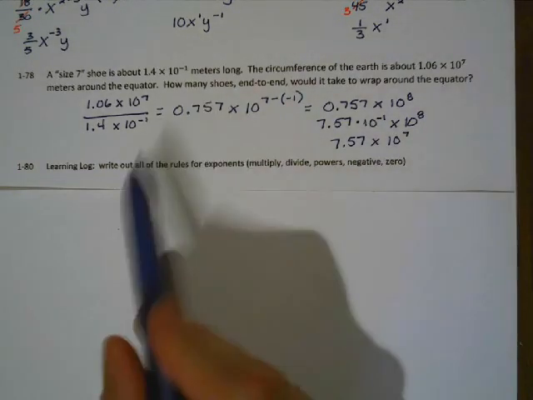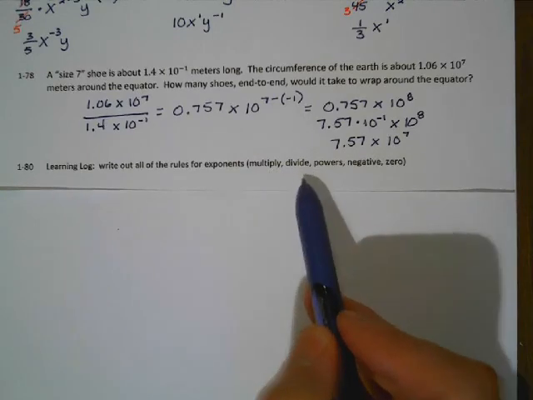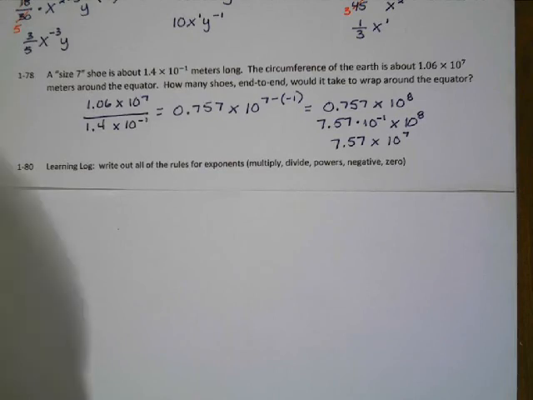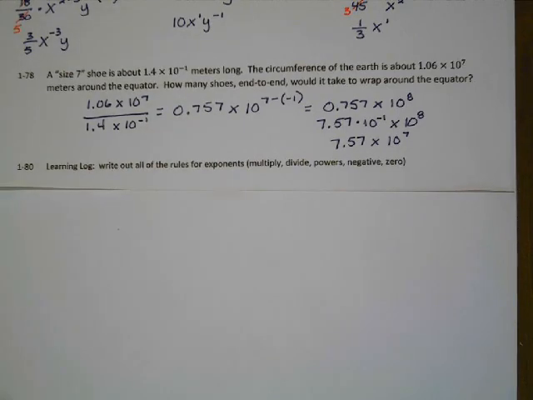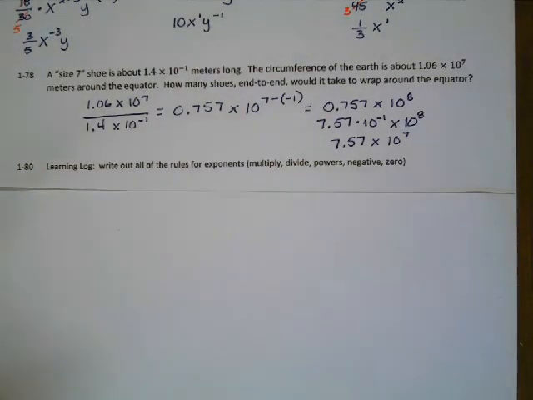But I just want you to write out all the rules for exponents. You know, what happens when you multiply, what happens when you divide, powers, negatives, zeros. Get all your rules all in one place so that when you get to a point and you're like, how did we do that 2 weeks ago? You just have somewhere that you can look back at really quick, and it has all your rules for exponents. So I want you to write out over here in your learning log all the rules to exponents.